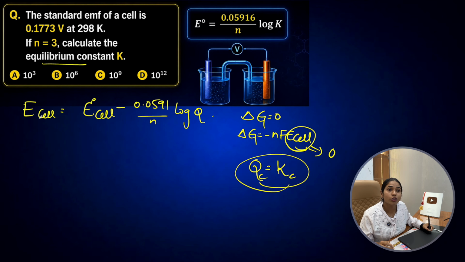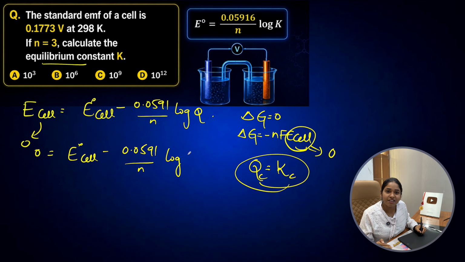So here what you can do is E cell, the cell potential, is 0. Then 0 is equal to E naught cell minus 0.0591 by n log Kc is the formula, because Q we have replaced with K, right?